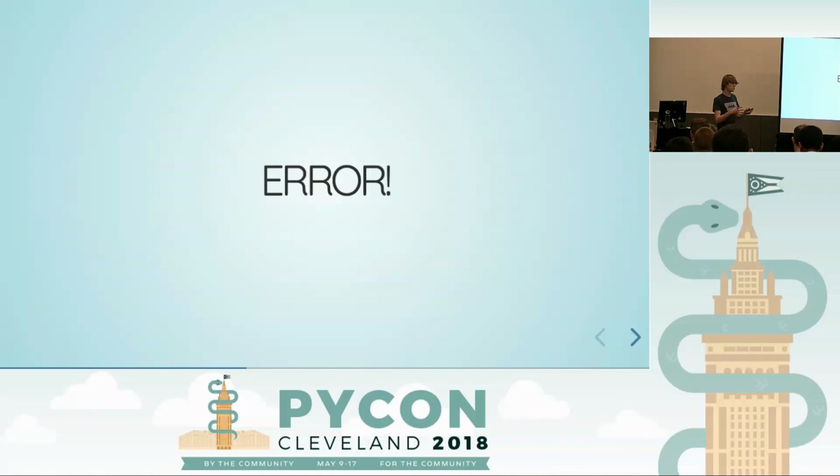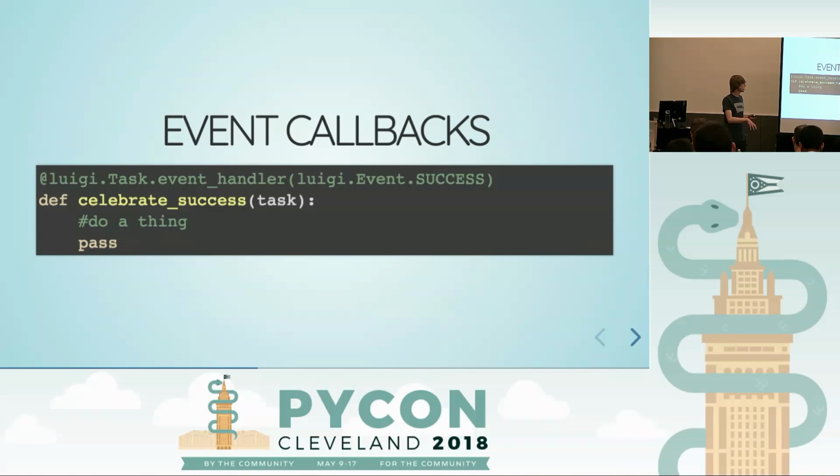So before we really focus on errors too much themselves, let's talk about event callbacks. Event callbacks are this concept in Luigi where when a task runs and completes, depending on the type of event that it creates, you can have some bit of Python run. So in here, we have this celebrate success method that has a decorator on it that says luigi.task.eventHandler, and it passes in luigi.event.success.